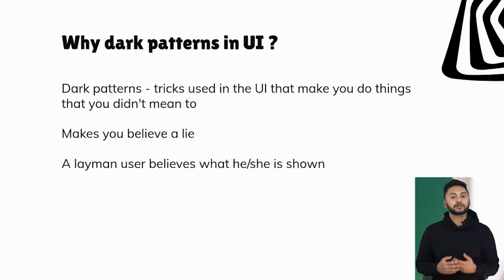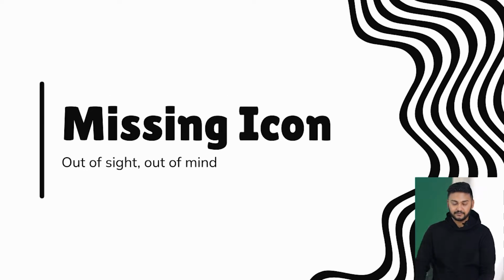So as a user, you are confused which one is an actual button and which one is an advertisement which will lead you somewhere else. This is a very effective example of how a UI element can be used to trick an individual. That is why UI is important in malware design.